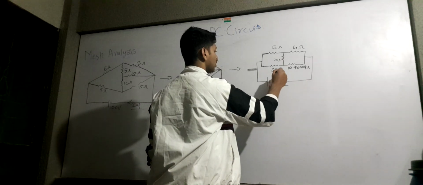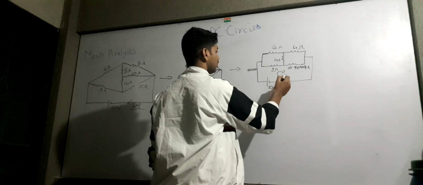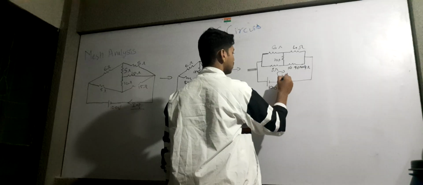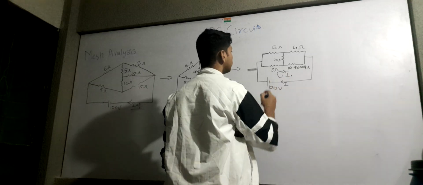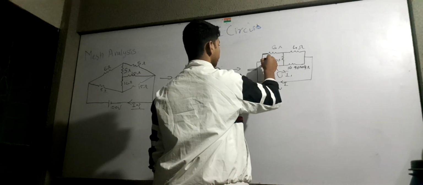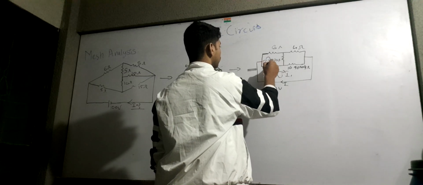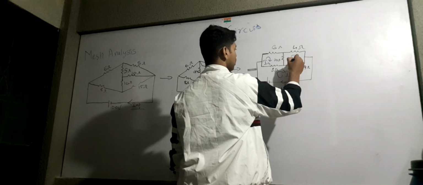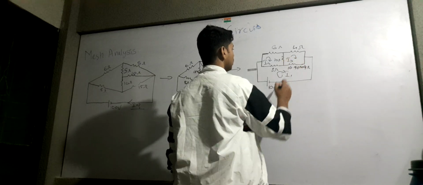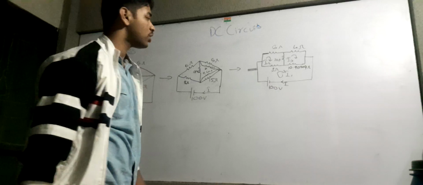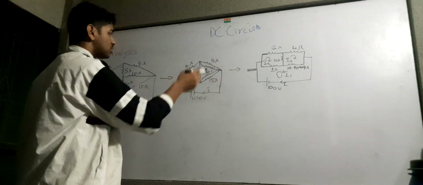This is our mesh, and let's say I1 current is flowing through here. This is our mesh, and let's say I2 is flowing here, and this is our mesh, and let's say I3 current is flowing here. So we apply Kirchhoff's voltage law in each of these meshes.